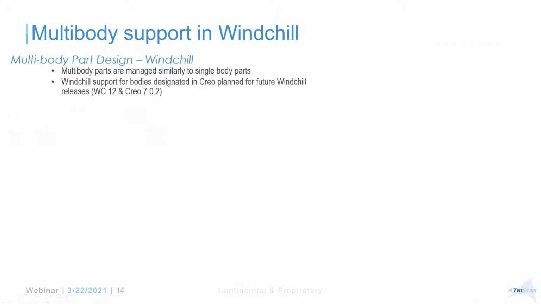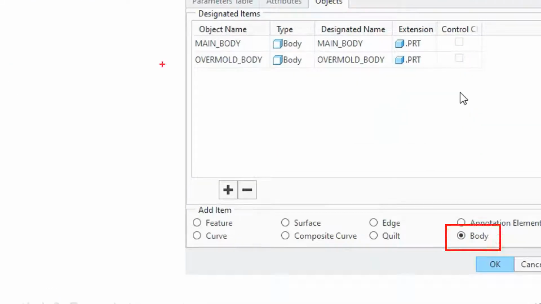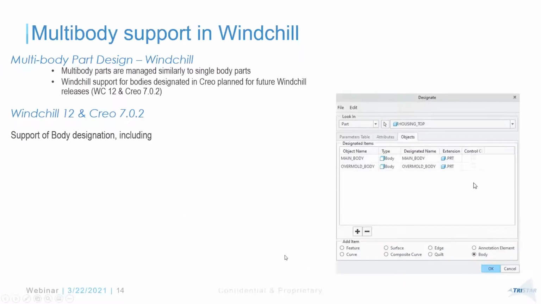With Windchill specifically, by default, as of now, before Windchill 12, you're just going to see one single part, and the bodies are not going to be exposed in your Windchill WT part structure. However, starting with Windchill 12 and Creo 7.0.2.0, you are able to designate the body and specify that overmold body, the main body, in .prt extensions. You can designate that inside of Creo.